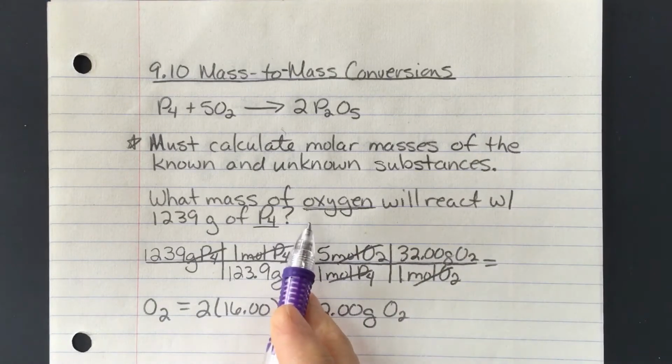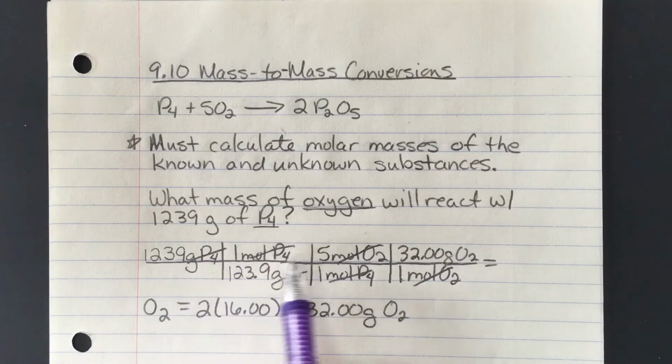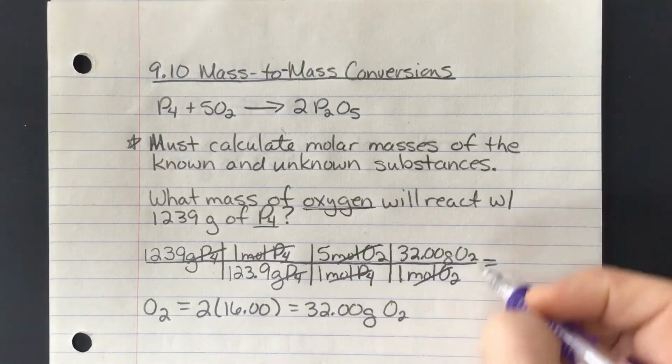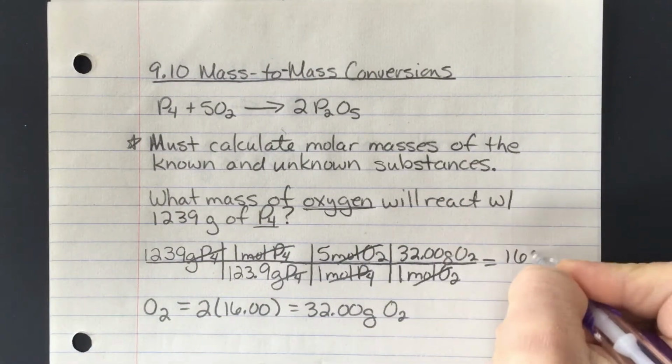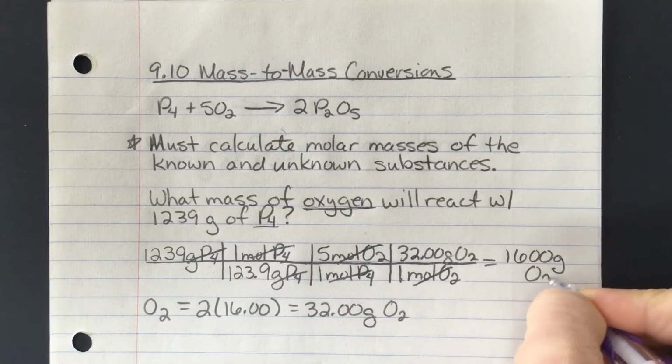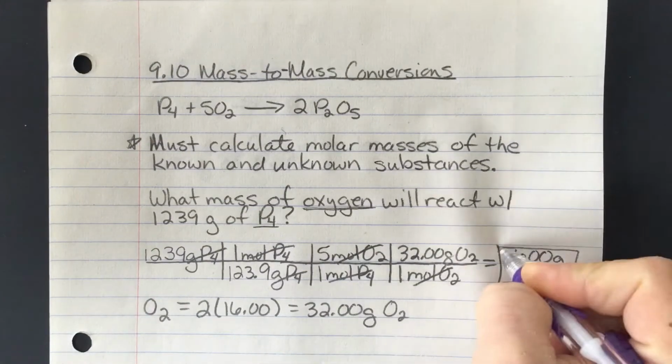Now I am in mass, so I can multiply through the top and divide that by the bottom. And what I get is 1,600 grams of oxygen.